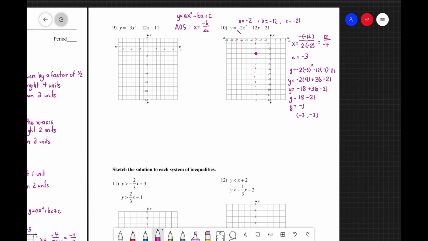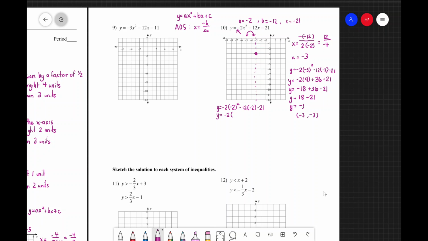Since it is negative, it's going to be facing downward. So I need to find two other points on either side. I'm going to go with the smaller numbers, so I'm going to find the points on the left. So I'm going to plug in a negative 2 and a negative 1 and see what I get. So negative 2, we've got y equals negative 2 times negative 2 squared minus 12 times negative 2 minus 21. Negative 2 squared, again, we would have negative 2 times negative 2.